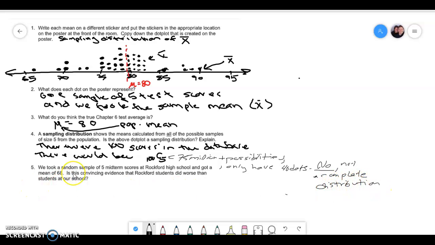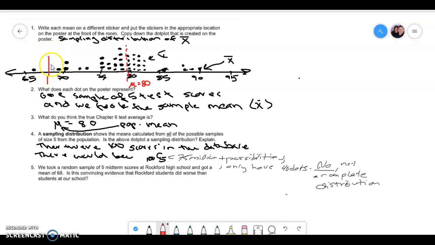Okay. Number 5, we took a random sample of 5 scores at Rockford High. Okay, a random high school. Got a mean of 68. Is this convincing evidence that Rockford students did worse than the students at our school? Well, let's look at where a mean of 68 is on our thing up here. 68 would be right here.